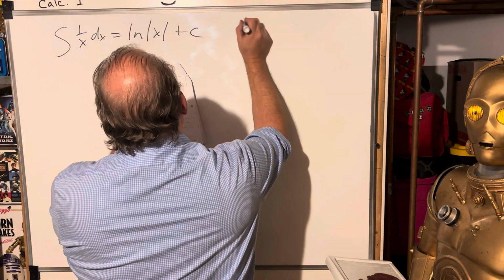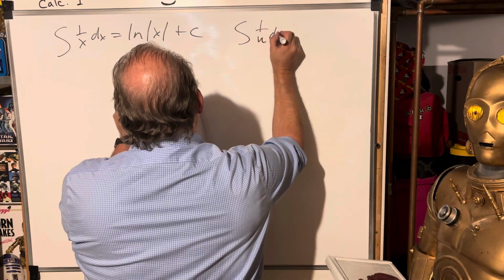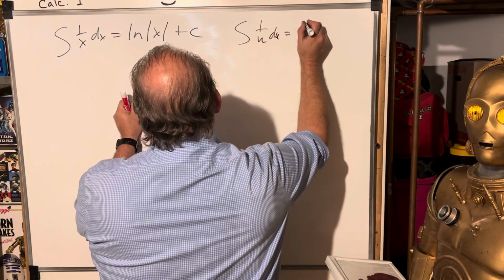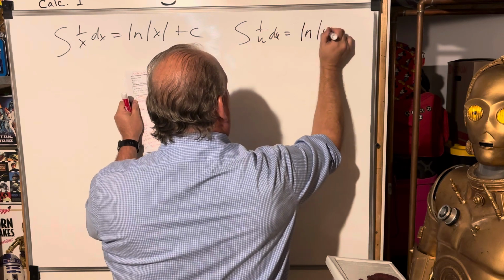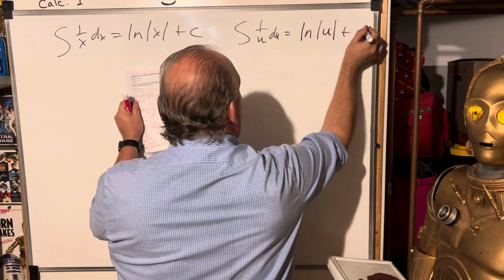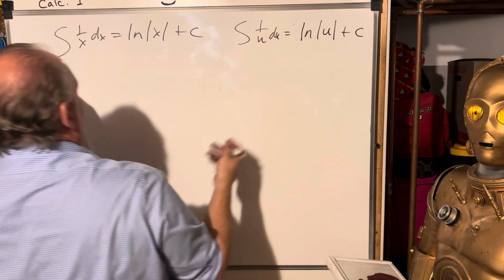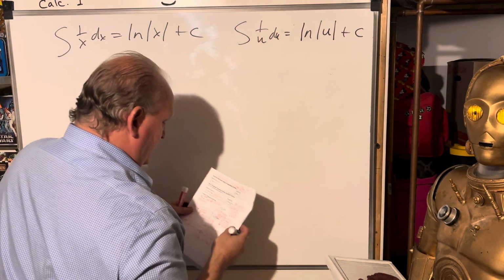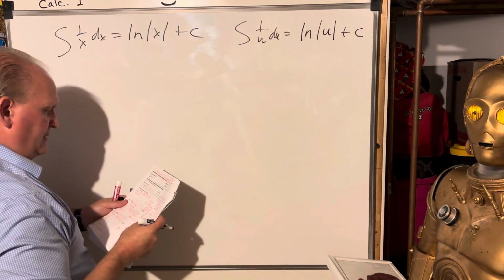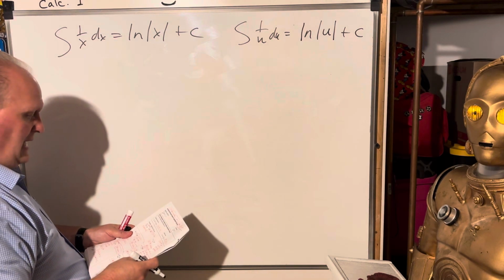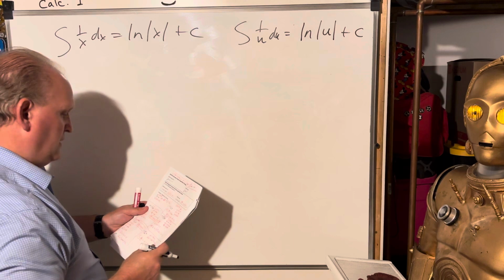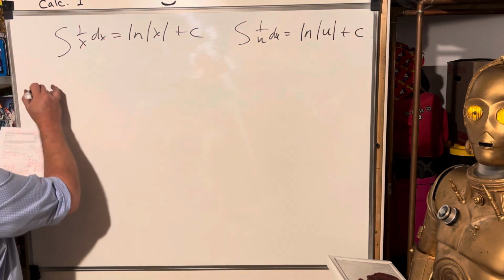And the second blank, integral of 1 over u du, is ln of the absolute value of u, plus c. So, same thing, just with a u instead of an x. This is the general case and the case for x. Integrate the following. Okie dokie, let's do it.